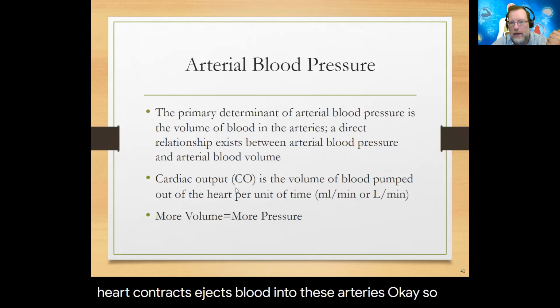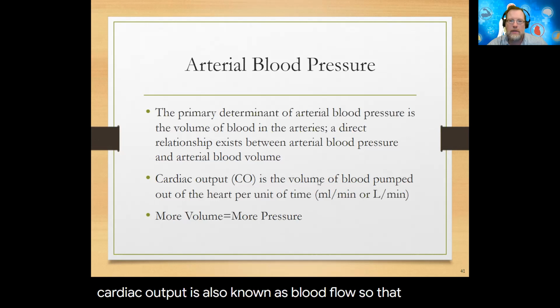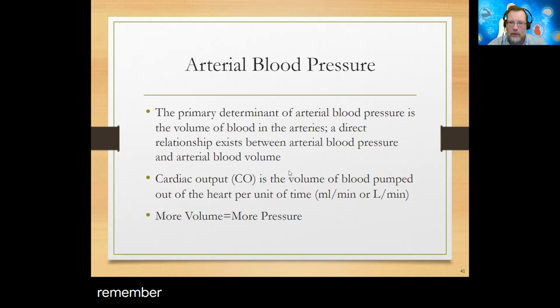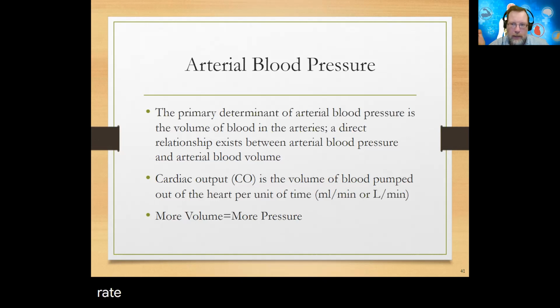Okay, so cardiac output is also known as blood flow. That is key to remember. Blood flow and cardiac output are the same thing. Cardiac output is determined by multiplying heart rate, so how many times your heart beats per minute, and then how much blood is ejected per beat.